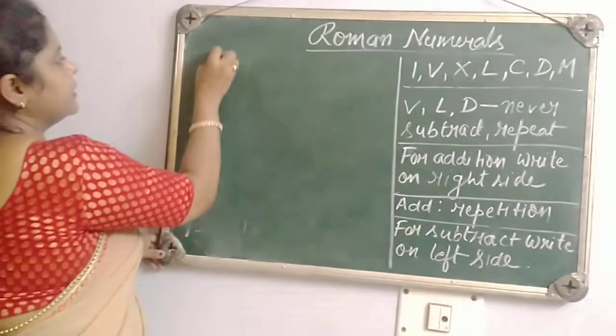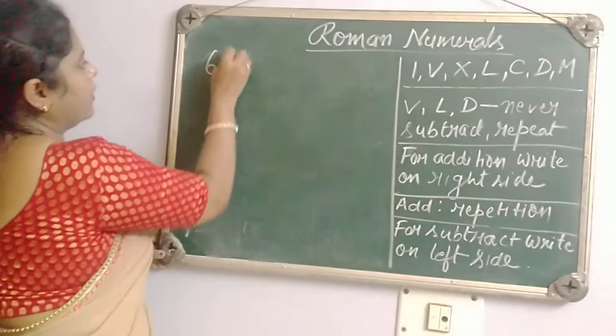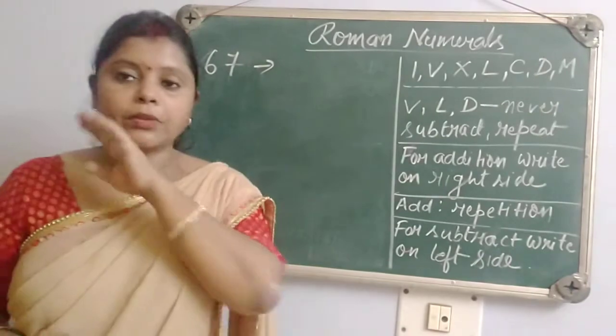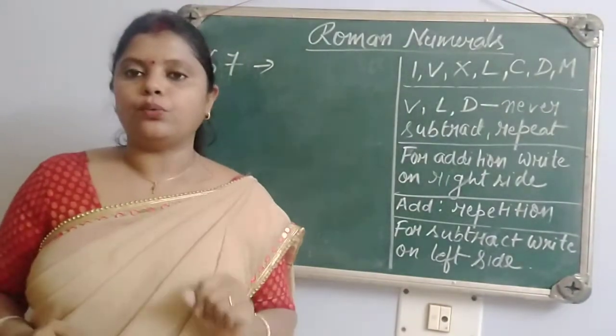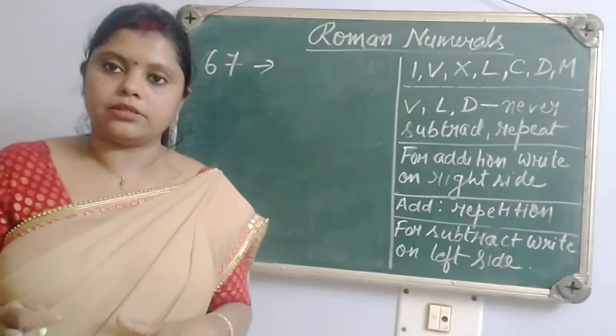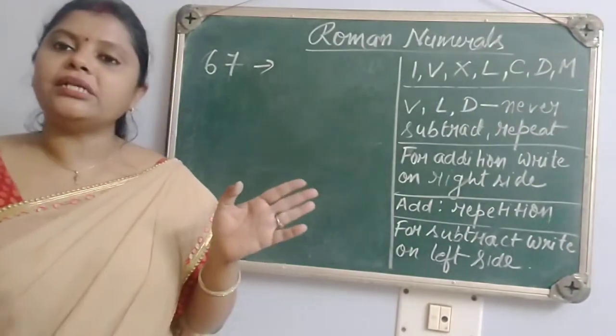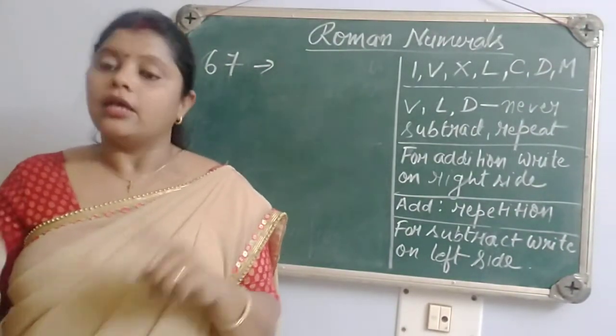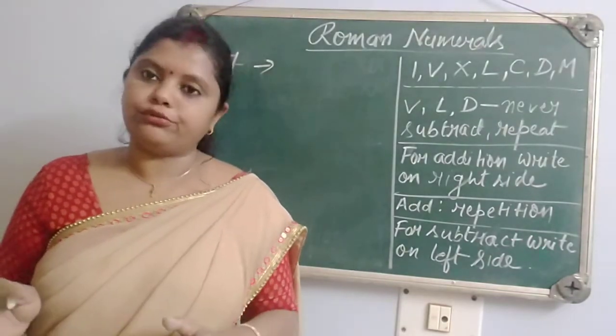Suppose the number is 67. We have to write 67. First of all, you always do one thing. You break the numbers. So 67 means 60 plus 7. This way it will be easy for you to write down.